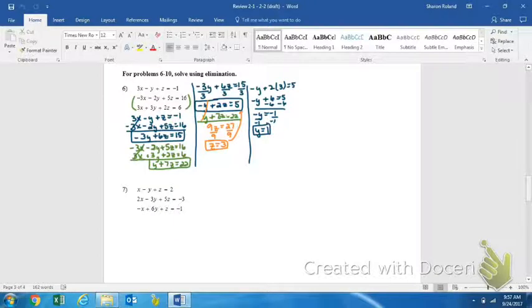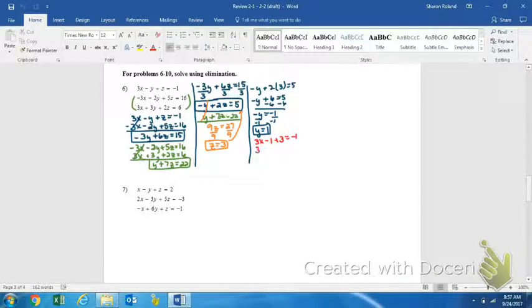And now we have a value for z and y. We need an equation that has an x in it, so we can plug these in and get x. And I'm just going to pick the top equation. That's 3x minus y, but I know that's 1, plus z, but I know that's 3, and it equals -1.